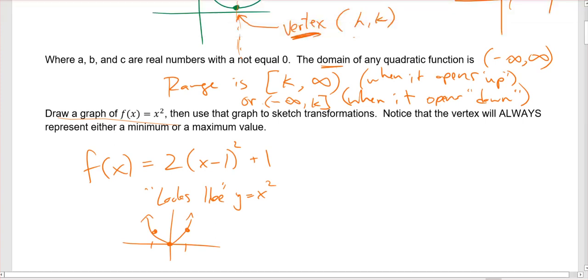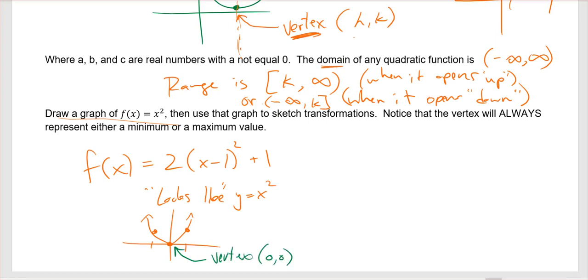And we can know that this right here is our vertex. So the vertex starts at (0, 0). Now, what's convenient here is that our vertex being at (0, 0), in this situation, is a minimum value, right? Now, if we move and transform this point right here, that's still going to be the vertex of your parabola.